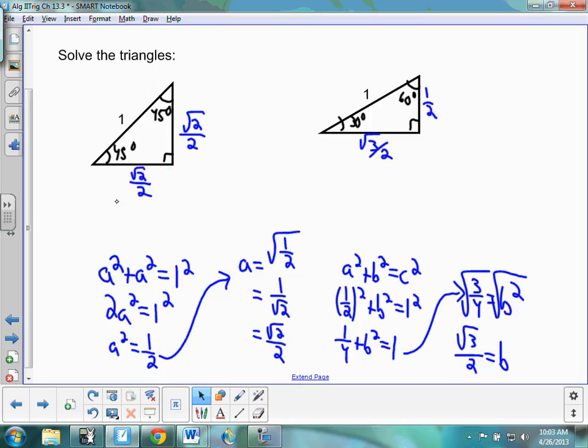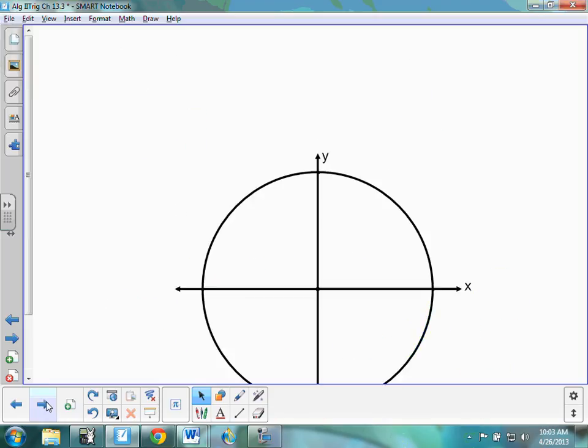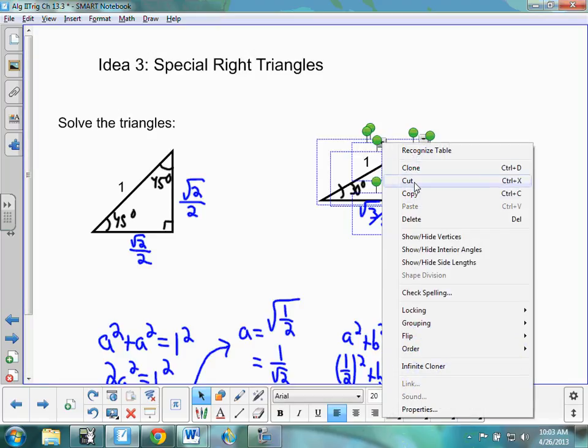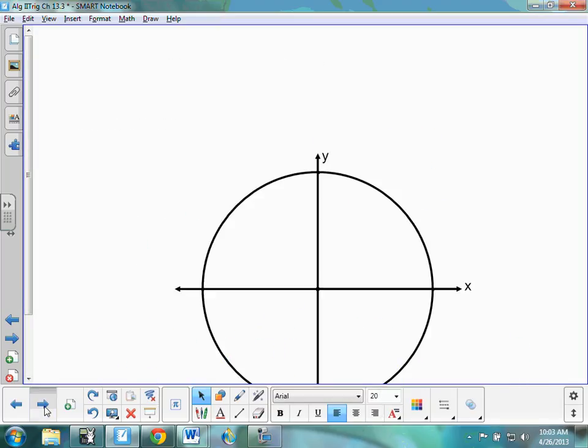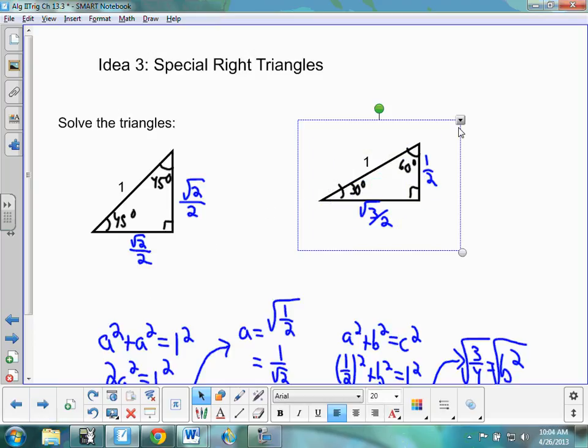Part of the way that these are handy, I can take this first triangle. I'll take the 30, 60, 90 first. I'm going to copy it and go to a unit circle and paste it. It won't let me. I think it's too much there, so I'll group it.